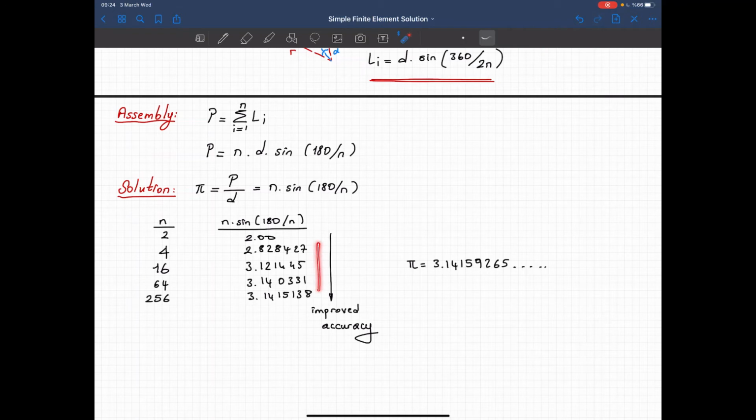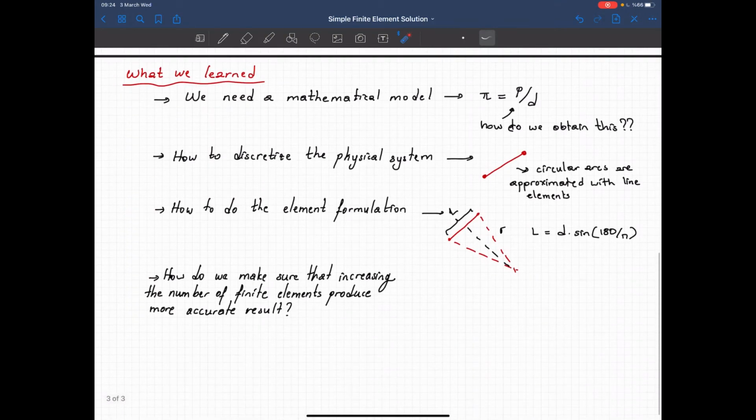Maybe the convergence rate is slow, but we know that if I increase the number of elements further, I get a better approximation of pi. So in this simple problem, we just answer this with our visual inspection. Since it's a simple geometric problem, visually we can see it. But for more complicated problems, we need a mathematical background. So here there's no mathematical background.